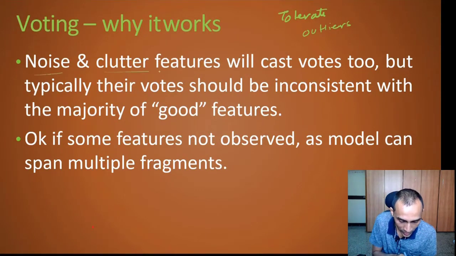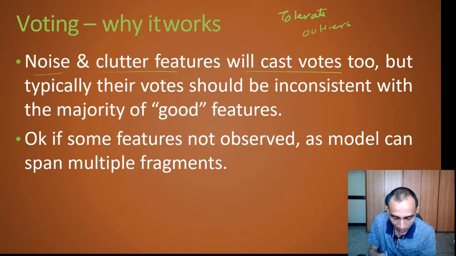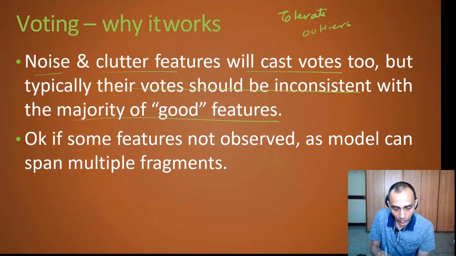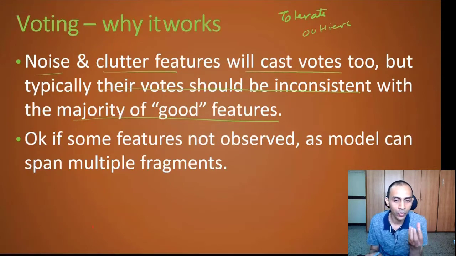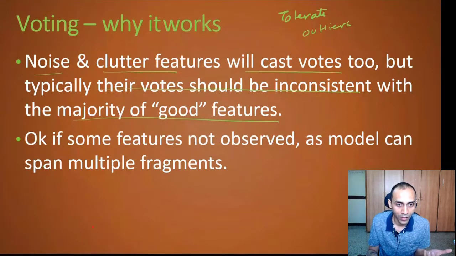There may be noise and clutter features available, and they will also cast their votes, but typically their votes would be inconsistent with the majority of good features. We are assuming that the majority of the features are good and outliers are a minority. Even if they cast votes, they will cast them for some random model parameters. It is like in our voting scheme where we have NOTA, none of the above.